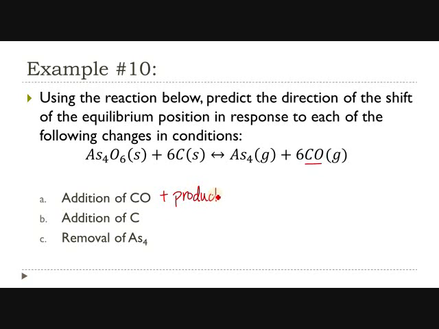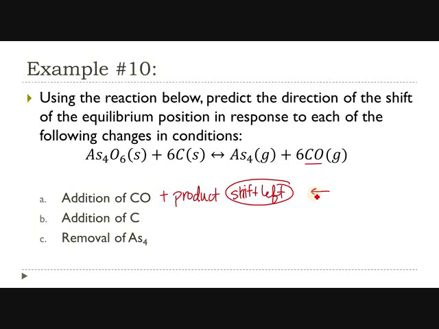And if you add something, you shift away from it. So we want to shift away from the product side. So the answer will be that you shift left. Some people just put a left arrow, either way. What that means is we will shift to use up that extra carbon monoxide and create more of our two reactants.